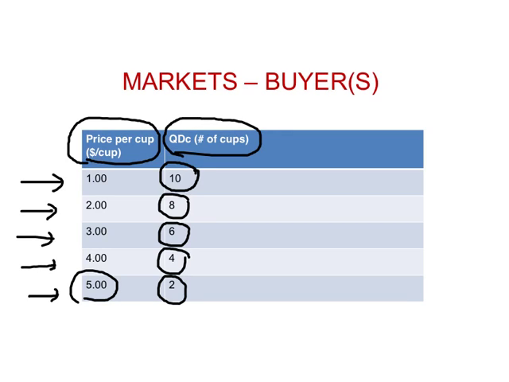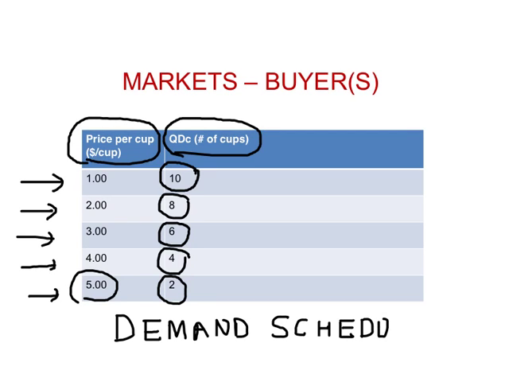This table contains information about demand for coffee, and this table is referred to as the demand schedule. So what is the demand schedule? It tells us how many cups of coffee this person would like to have at each given price. Now we have this information about how many cups of coffee this person would demand at each given price.